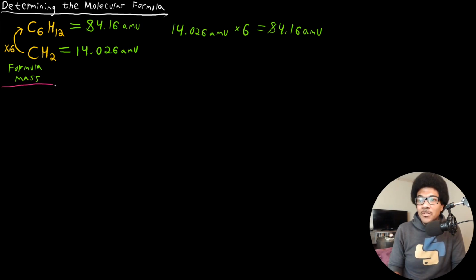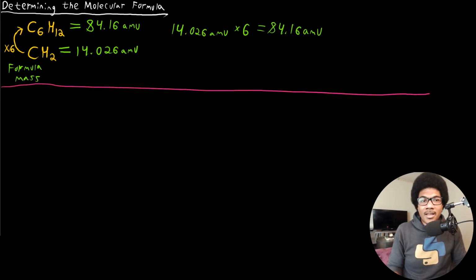So let's look at a different example. Let's use the molecule that we looked at in the previous video. The empirical formula that we got from the last problem in the previous video was CH3O. We were given some mass percent data, went through some calculations, and deduced that the empirical formula for that compound was CH3O.